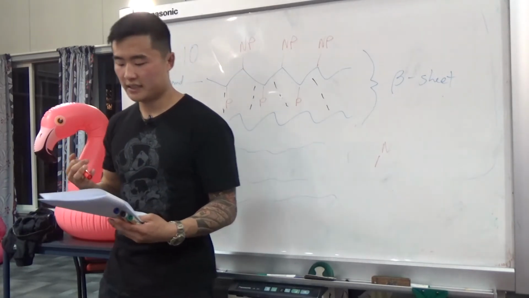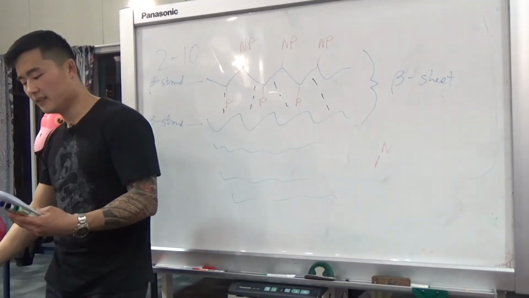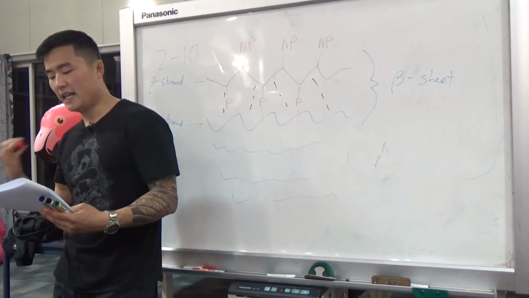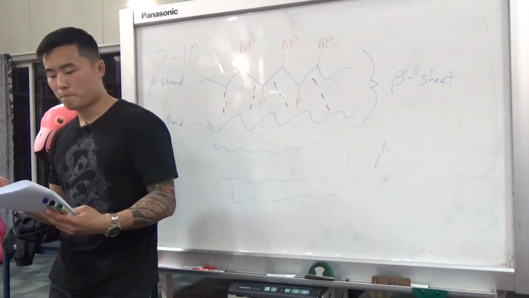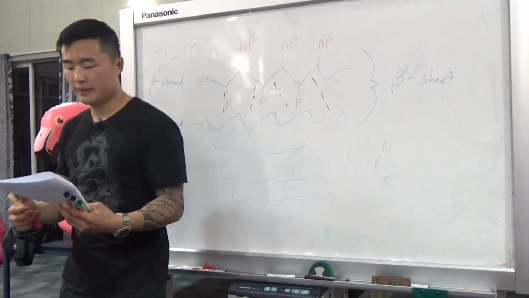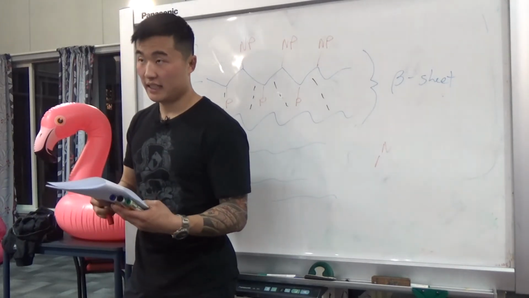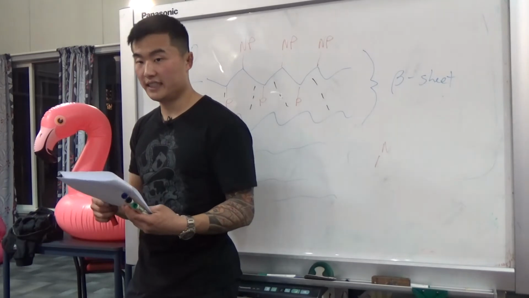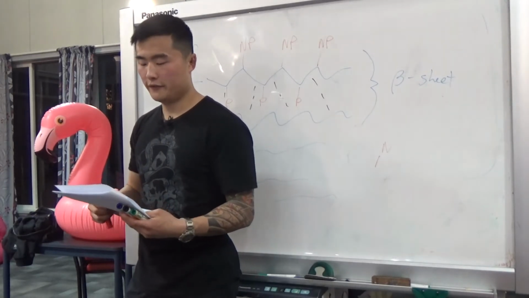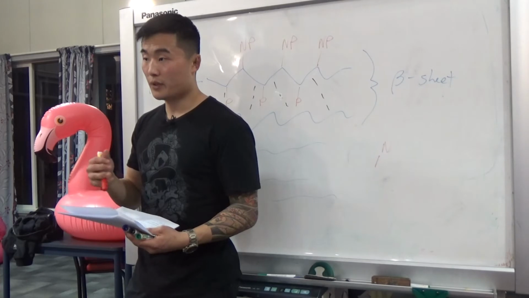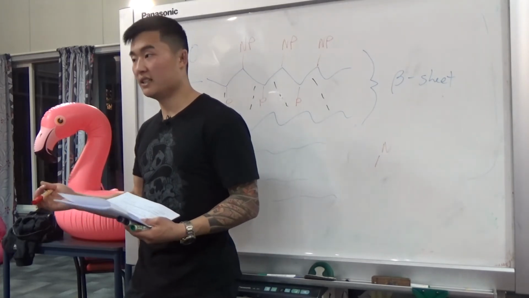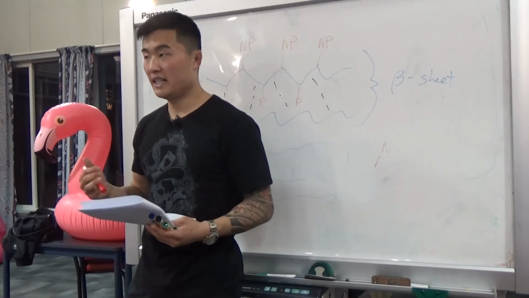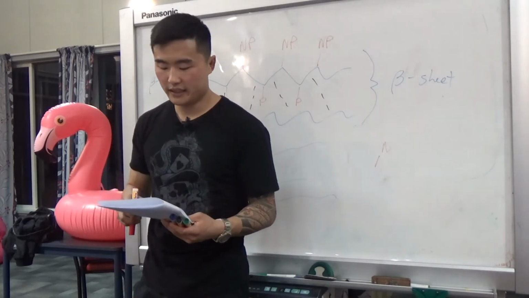Fetal hemoglobin has a lower affinity for BPG, and because BPG stabilizes the T state, it means that fetal hemoglobin is more likely to be in the R state, and if it's in the R state, it's going to have higher oxygen affinity. So if you want oxygen to go from maternal blood to fetal blood, the fetal hemoglobin has to have higher oxygen affinity.